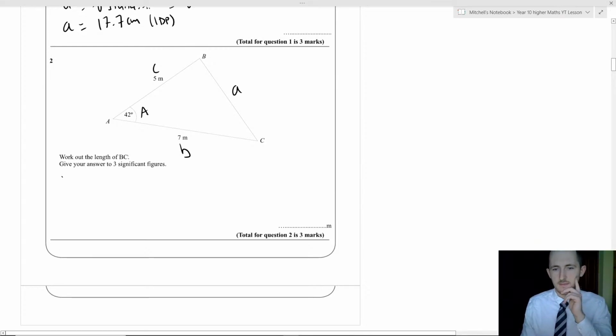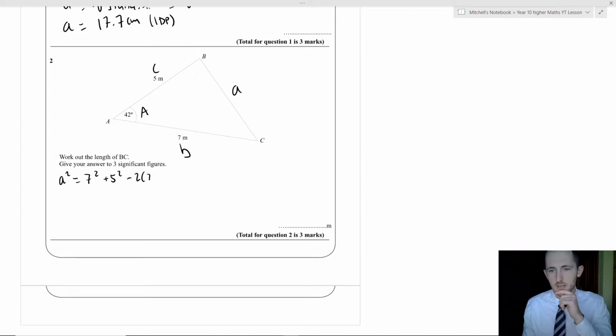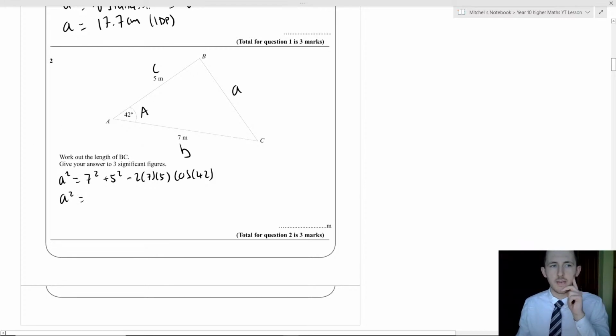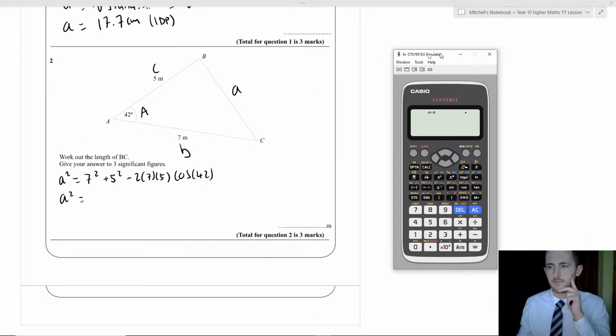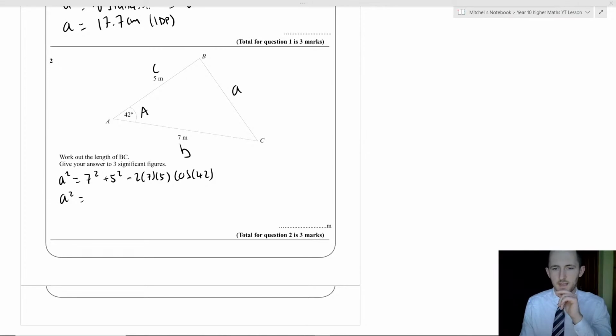So once again, we have A squared equals B squared, so I'm going to make that 7 squared, plus C squared, 5 squared, minus 2, 7, 5, because it's 2BC cos 42. Okay, and then I'm going to write A squared equals... Actually, I'm going to show you how to do it all in one step, right?